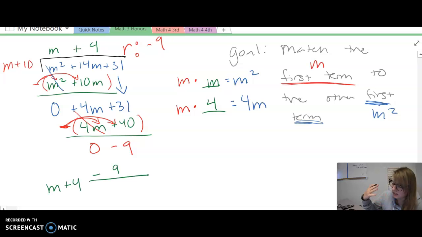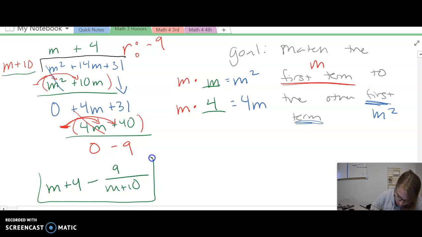And it's going to be the thing that it wasn't able to be divided by, and that's our divisor. So it's negative 9 over m plus 10. And then remember that it's going to be minus 9 over m plus 10. So your final answer should be m plus 4 minus 9 over m plus 10. All right.